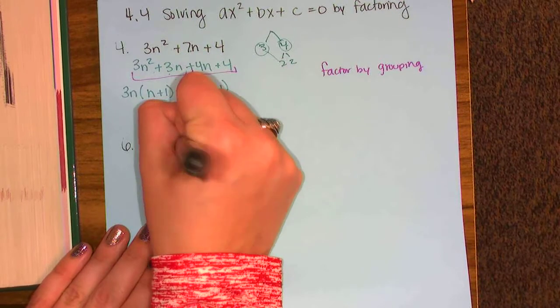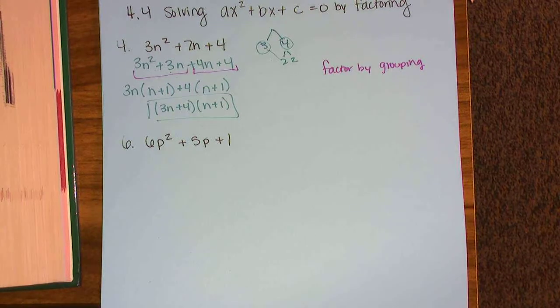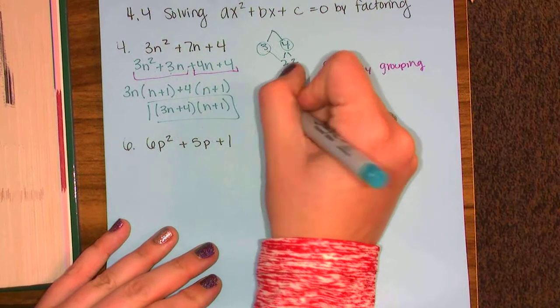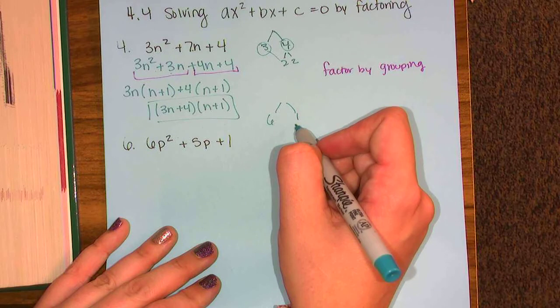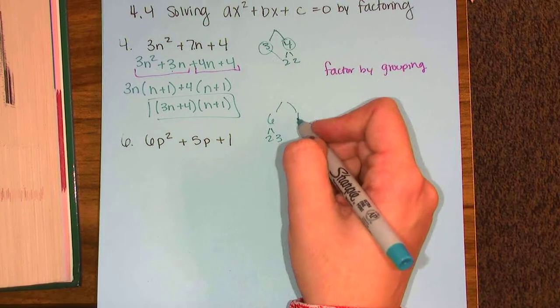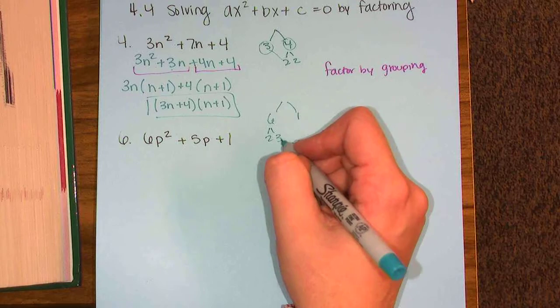6p squared plus 5p plus 1. So I need factors of 6 and 1 that give me 5. So 6 and 1, 2 and 3. So basically 3 times 2 or 2 times 3.